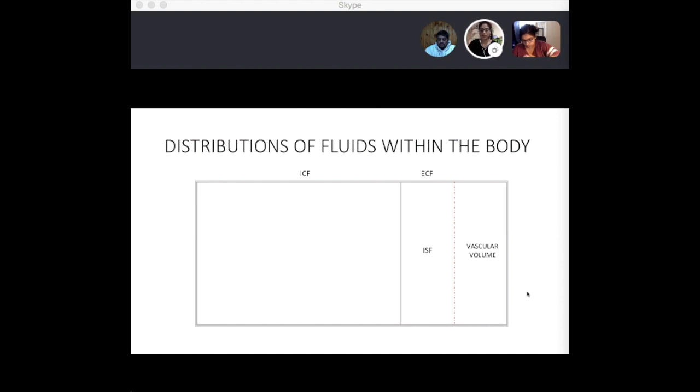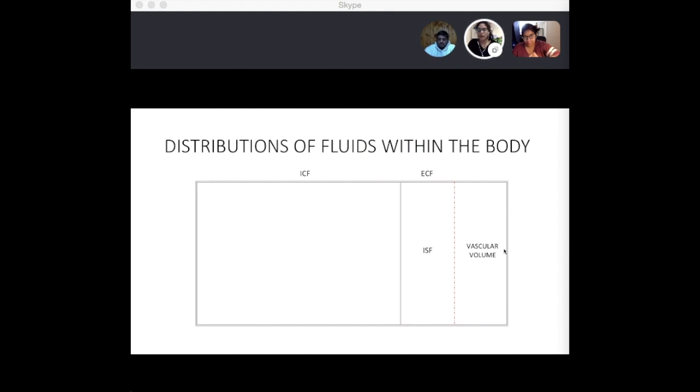And it becomes relevant when we start talking about the Darrow-Yannet diagrams in a little bit. But this is just what we see in our physio books, with the 2/3 ICF, 1/3 ECF, and then that broken down into the interstitial fluid and the vascular volume that we just talked about.